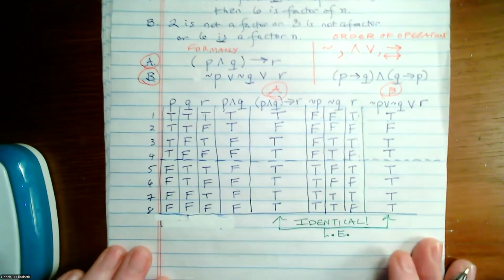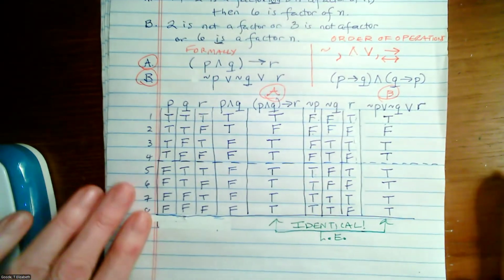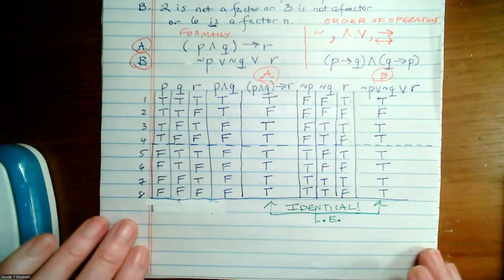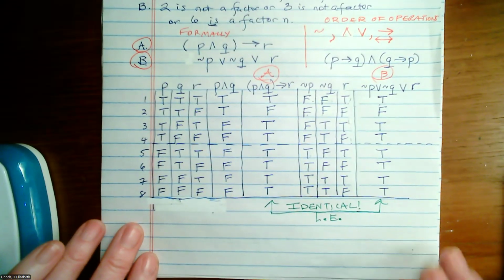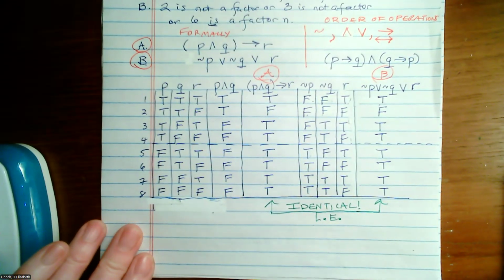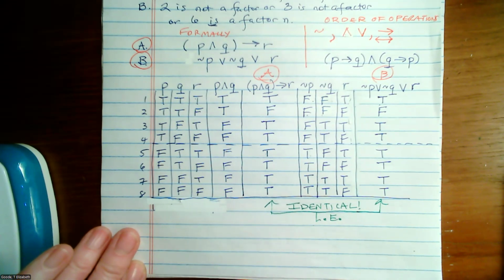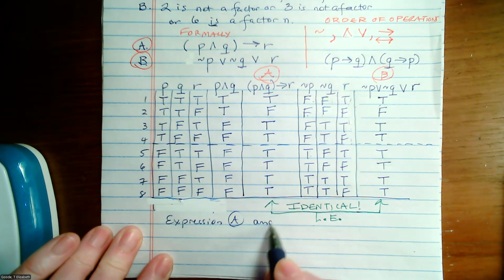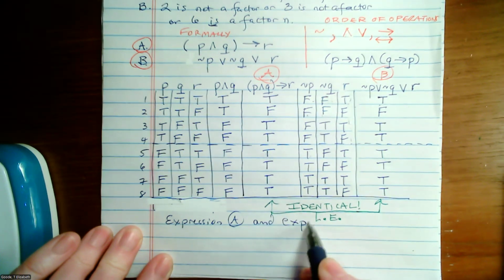And it's always good to write a sentence to explain how your truth table informs your answer. What would you like to write to explain how your truth table informs your conclusion that they are logically equivalent? Expression A and expression B have the same truth values, so they are logically equivalent. Nicely done.